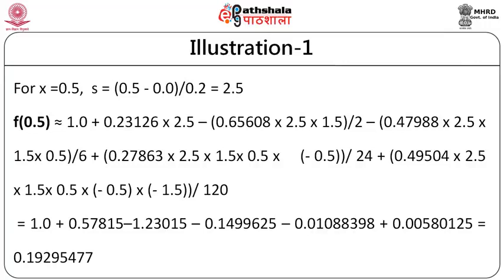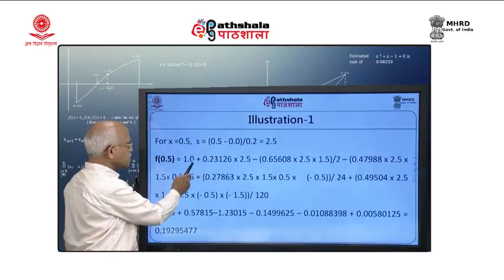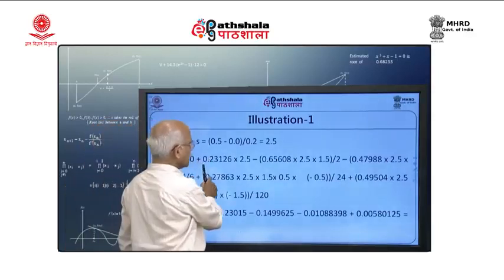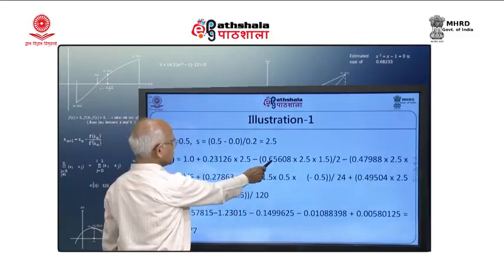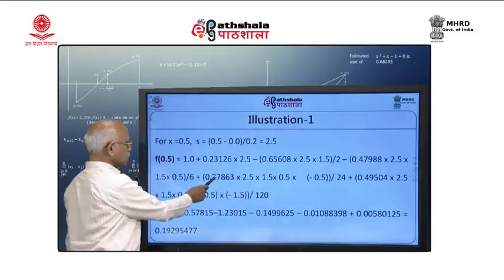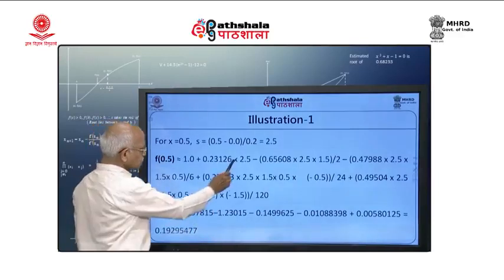Similarly, at 0.5, the only thing I have to change is x is 0.5, so s will change to 2.5 and the formula remains the same. You can see that these coefficients are the same as the previous ones, and the other coefficients will also be the same, only this factor will change.